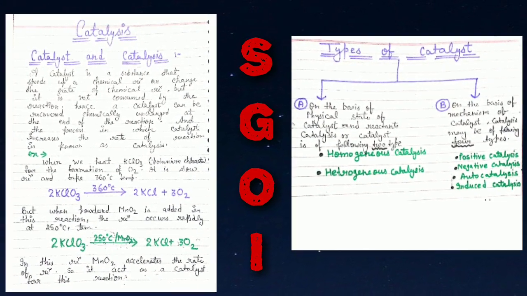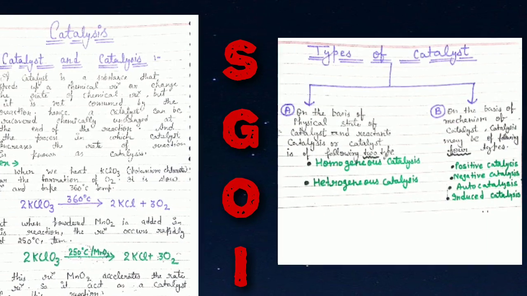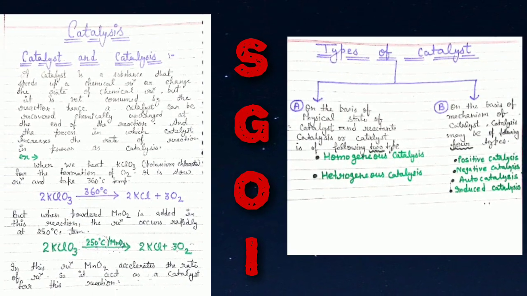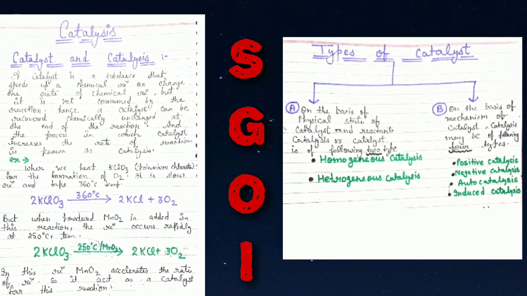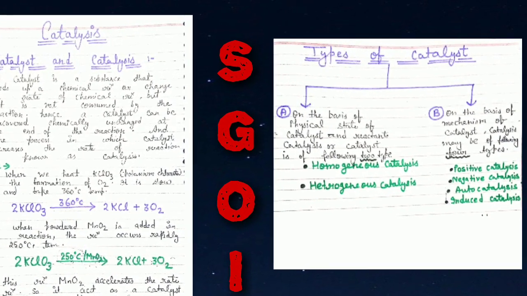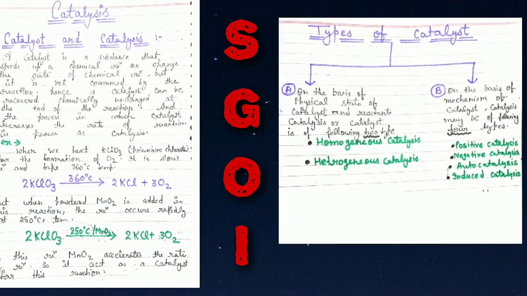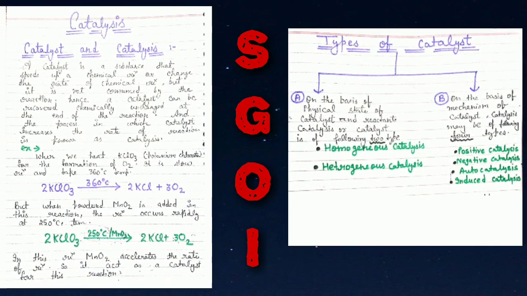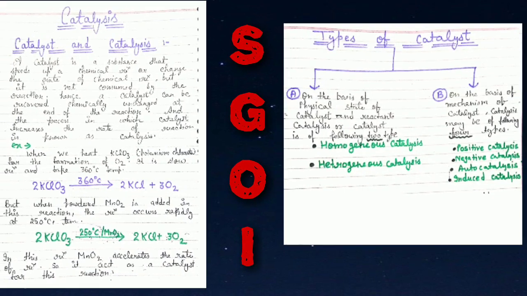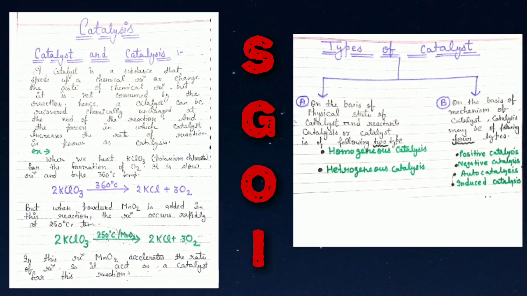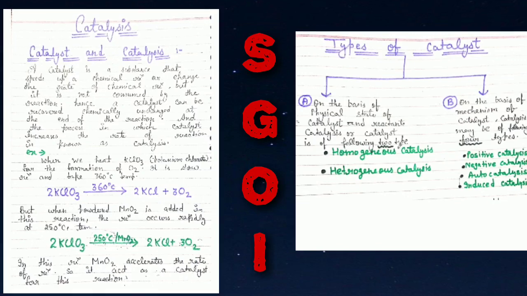It means we cannot visually identify the presence of components in the same mixture. For example, we cannot visually identify the presence of sugar in a glass of water. So it means the mixture of sugar plus water has phase equal to 1.